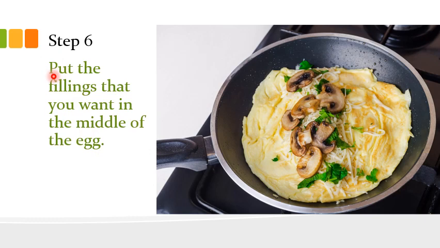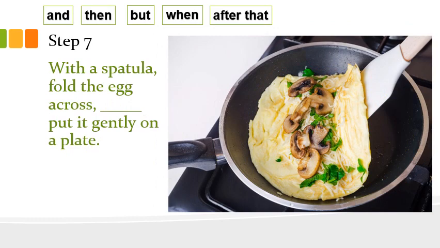Step 6 is put the fillings that you want in the middle of the egg. So, mushrooms, cheese, chopped herbs. Step 7. With a spatula, fold the egg across, blank, put it gently on a plate.